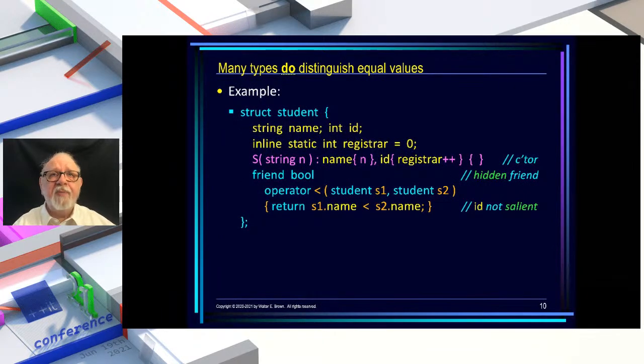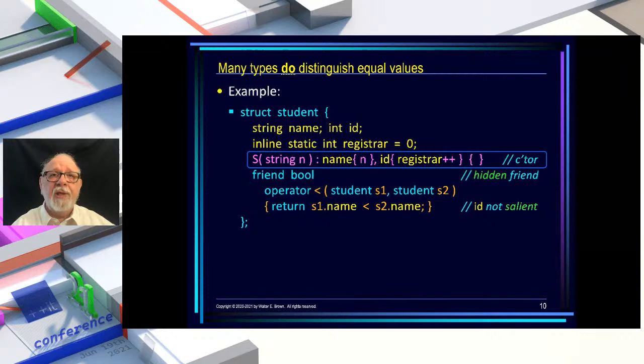Here is a very simple type named student. It consists of data members, one for the student's name, one for the student's ID, and a static data member I have named registrar, which in the constructor is the source of the ID component. The student's name is supplied when the constructor is invoked, but the ID comes from the registrar.